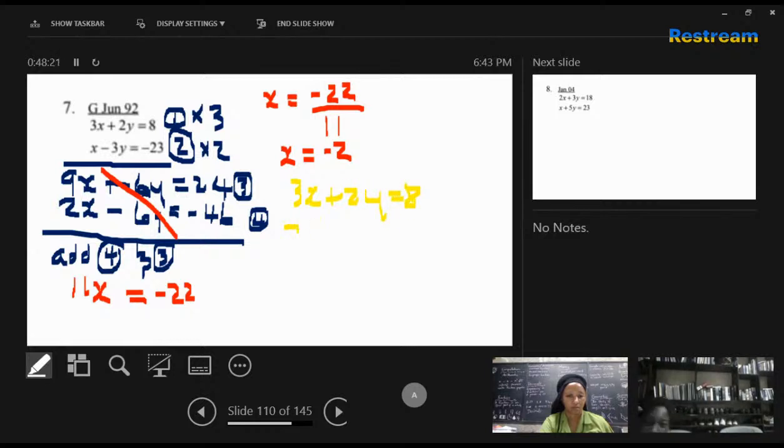So 3 times negative 2 plus 2y is equal to 8. So it'd be negative 6 plus 2y is equal to 8. So we bring over the negative 6. So 2y is equal to 8 plus 6. 2y is equal to 14, and y is equal to 7.